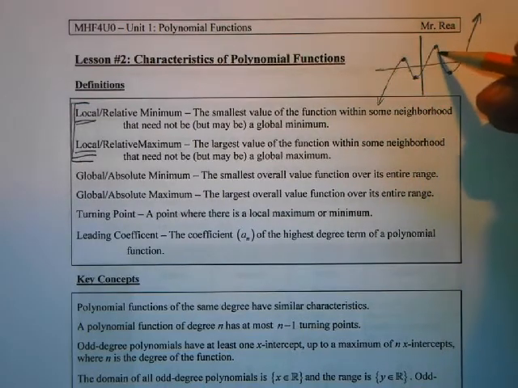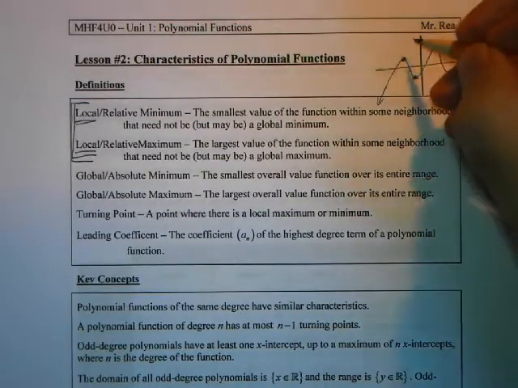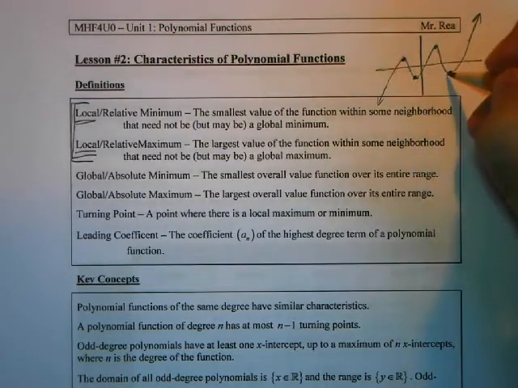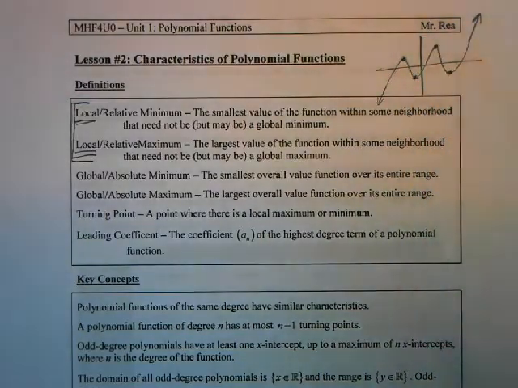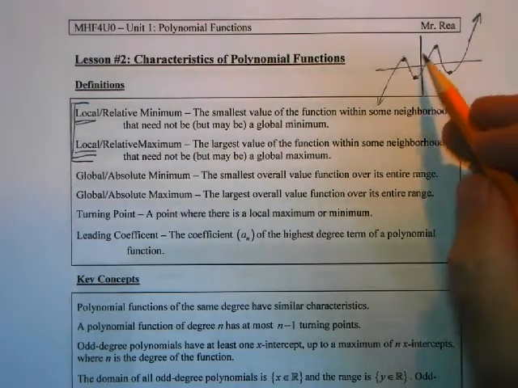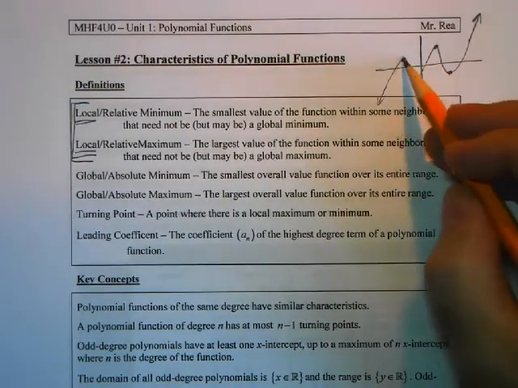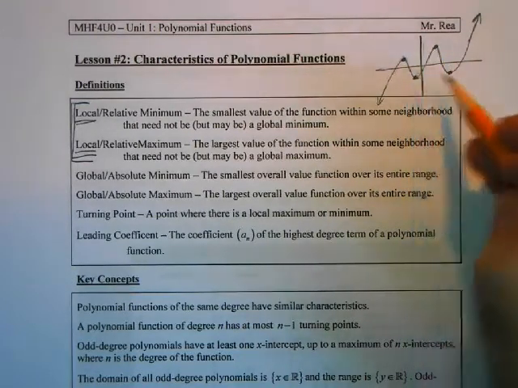Same thing over here. These two are local maximums, and these two are local minimums, because for a small section of this function, you can see that in that area this would be the maximum value, this would be the maximum value of this area, and so on.